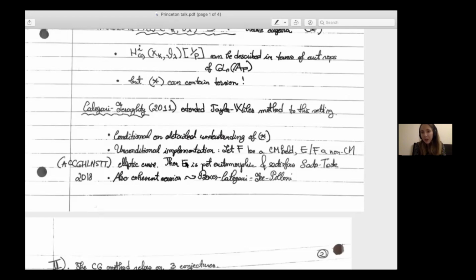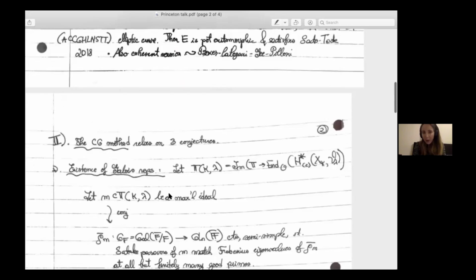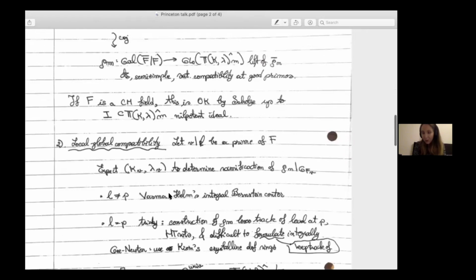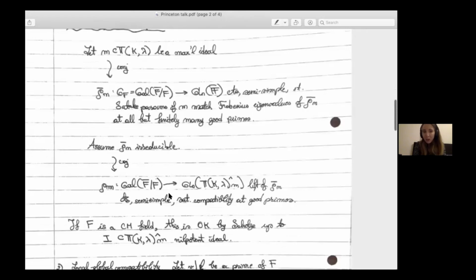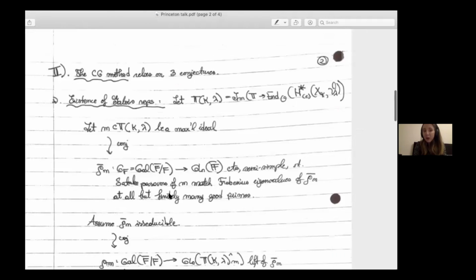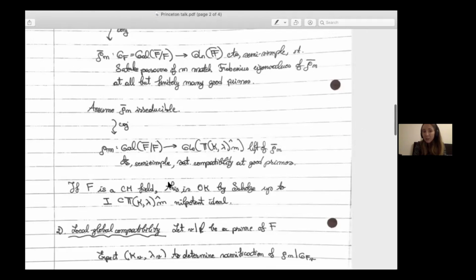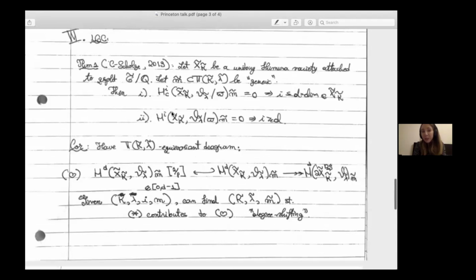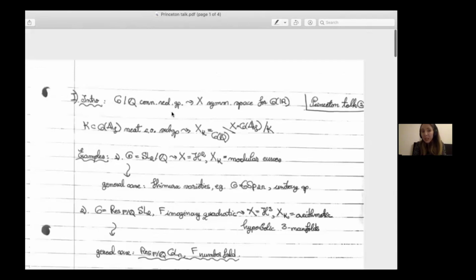And that's something that we don't know how to do at the moment. In some sense, what I'm going to talk about will have an application to that, because if you want to allow arbitrary weight, you also need this conjecture on local-global compatibility even to get started. And so the first step will be to prove the local-global compatibility in arbitrary weight.